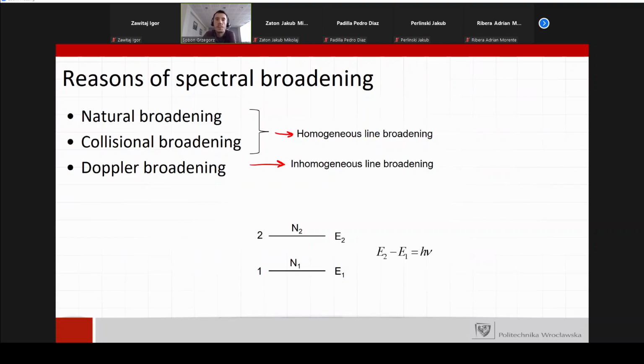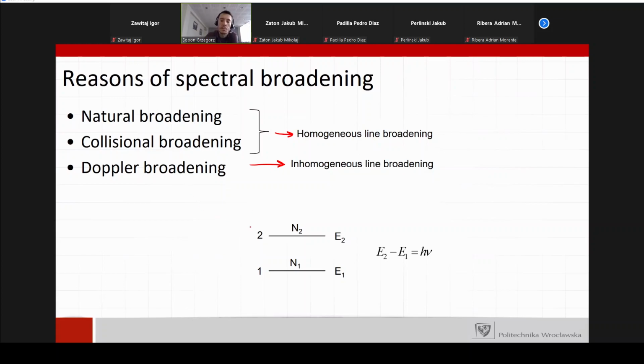So homogeneous and inhomogeneous means that in case of homogeneous, all atoms will react in the same way to this broadening mechanism. And inhomogeneous means that each atom will have its own kind of broadening reaction because of this mechanism.